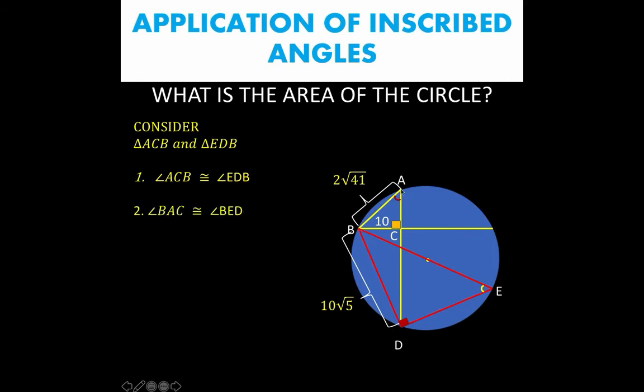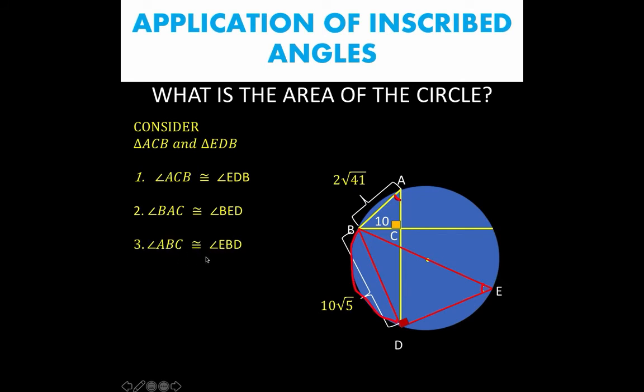Next, we know that angle BAC, this angle, and angle BED, this angle, are also congruent because both these angles intercepted the same arc, arc BD. So from the corollary to the inscribed angle theorem, angle BAC is congruent to angle BED.